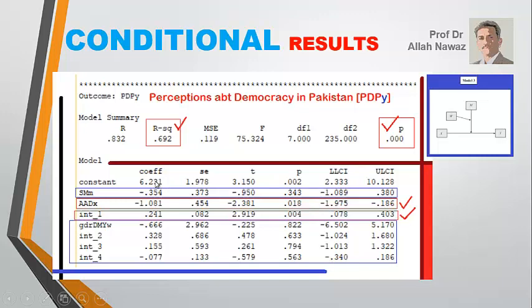However, when we look at the coefficients to check the individual role of all 7 variables, we find that only 2 variables, the predictor x variable itself and the interaction term 1, that is the x variable multiplied by moderator 1, are giving significant results.